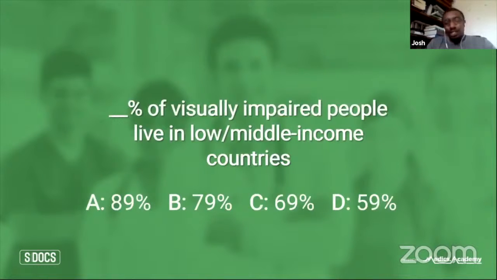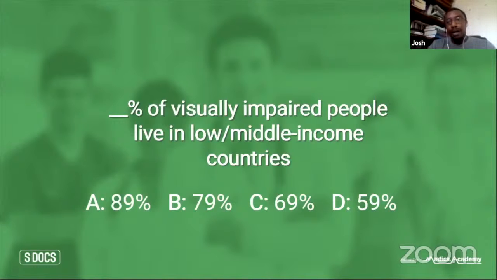So in terms of answering this question, I thought I'll pose to you some statistics. I've put the number out, I've blanked it out, and I will ask you to guess the number with some of those options that we have at the bottom. I've got a number of statistics. We'll go through them. I'll tell you the answer, and then we'll discuss why they're so important. So to start with, blank percentage of visually impaired people live in low and middle income countries. 89%, 79%, 69%, or 59%.